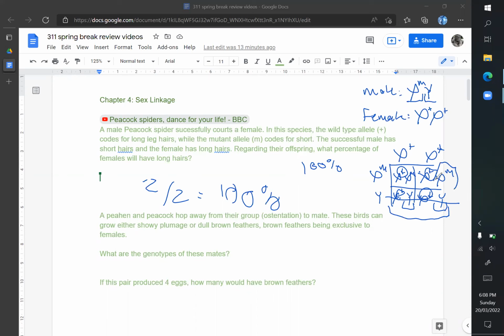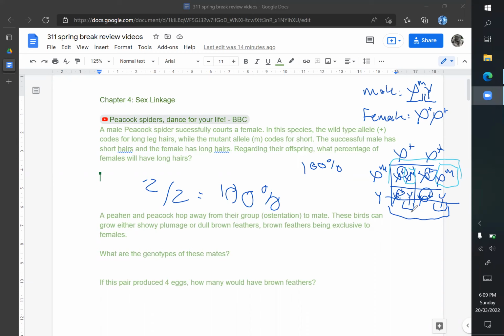Because if the mutant allele were the dominant allele, and this long hair allele were inherited by X-linked recessive means, then obviously the mutant allele would overpower the wild type allele. The mutant dominant allele would overpower the wild type allele. And in the case of these females, all females would have short leg hairs because they have the mutant allele, which is dominant to the wild type allele.